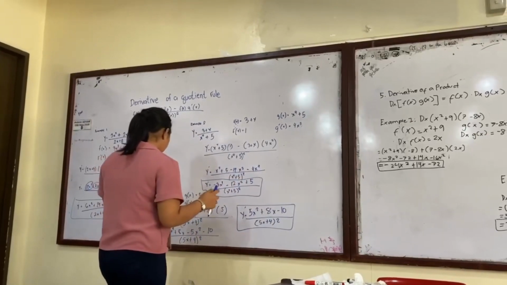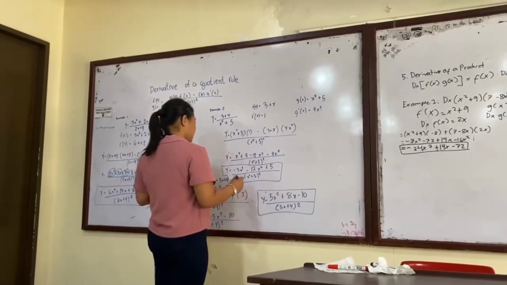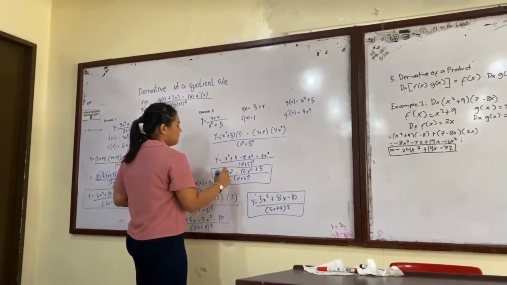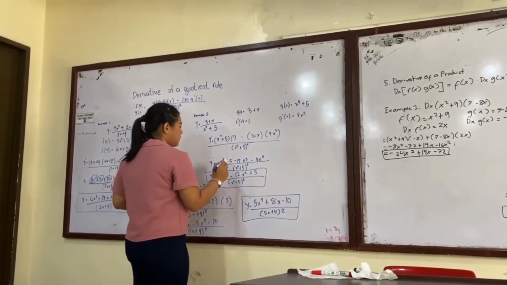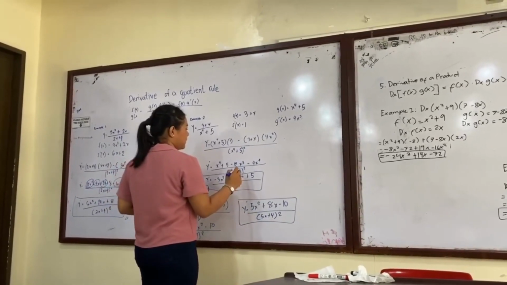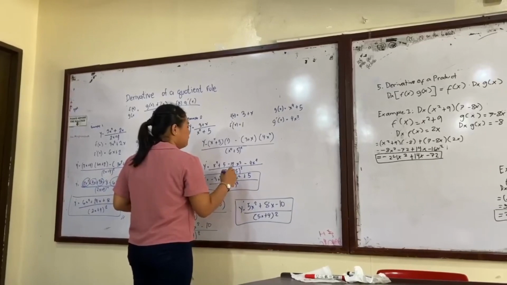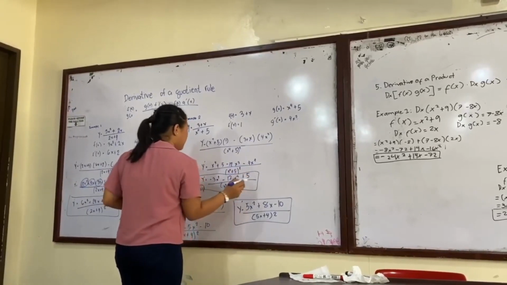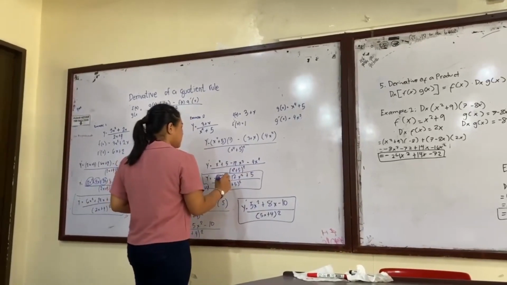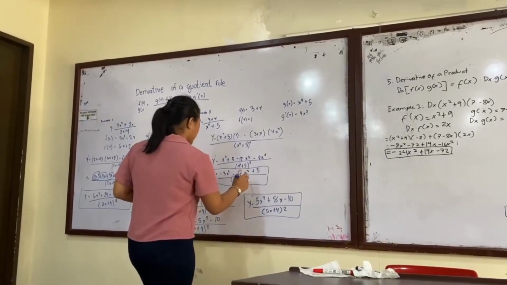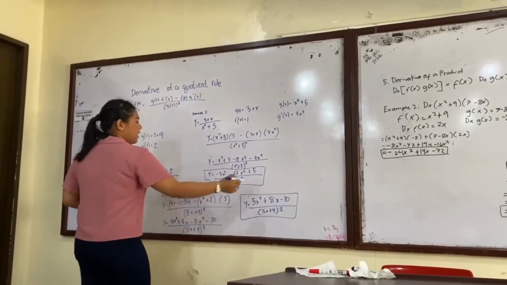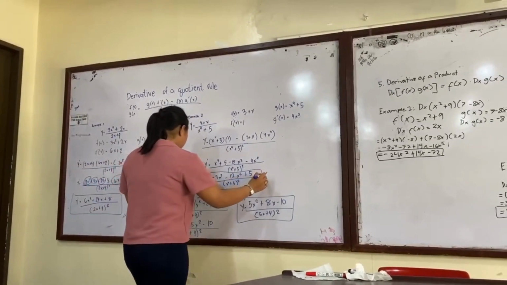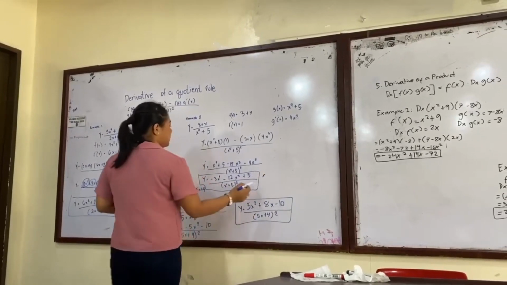Our next step is let's combine the similar terms, and the answer is negative 3x raised to 4 minus 12x cubed plus 5 over x raised to 4 plus 5 squared. And this is the derivative of the given function. And this is our final answer.